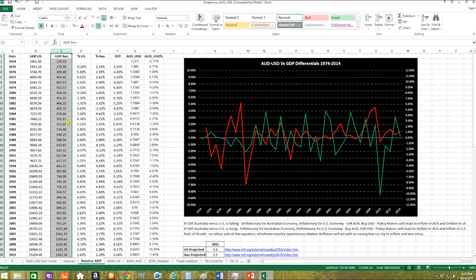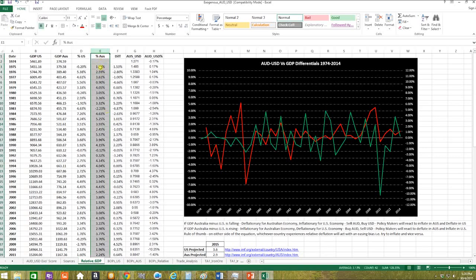In column C, we have the value of Australian GDP. In column D, we have the percentage change in US GDP year on year, so real GDP growth. We also have in column E, Australian percentage change in GDP, so real GDP growth in Australia.